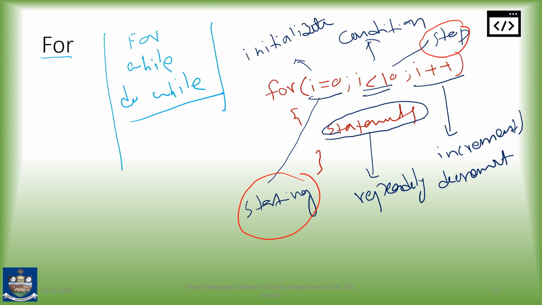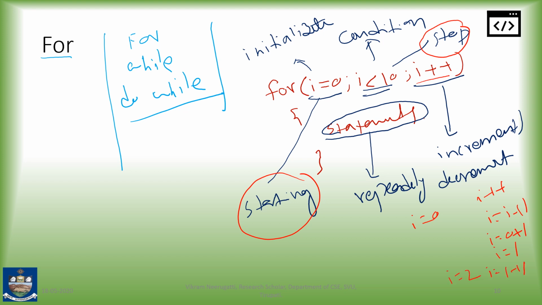How are we switching from i equal to 0 to i equal to 1 and i equal to 2? With the help of the increment statement. For example, i equal to 0, i plus plus means i equal to i plus 1. So here the i value is 0, so it becomes i equal to 0 plus 1, i equal to 1, and i equal to 1 plus 1, i equal to 2.